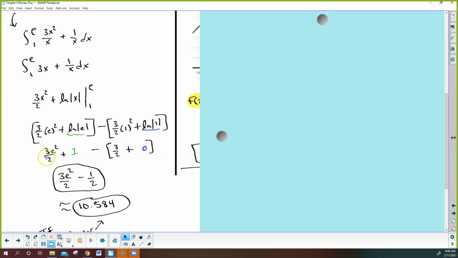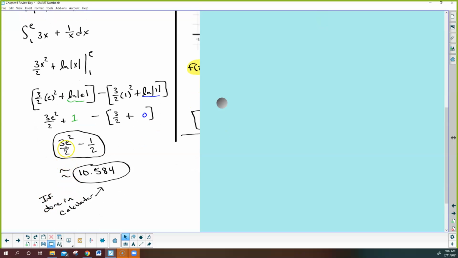So then we get 3 halves e squared plus 1 minus 3 halves. Well, you can think of 1 as 2 over 2. 2 over 2 minus 3 over 2 is negative 1 over 2. So this is the answer we were looking for. If you did this in your calculator, which I was assuming you didn't, but if you did, it's equivalent to 10.584.